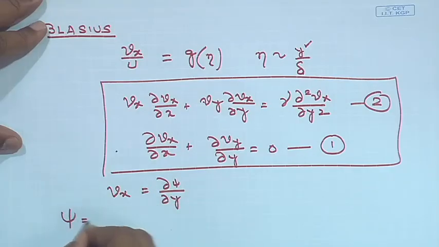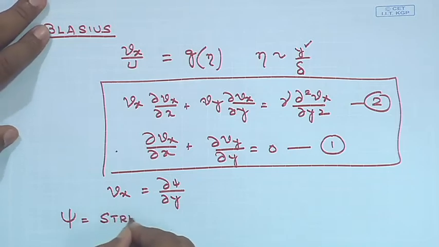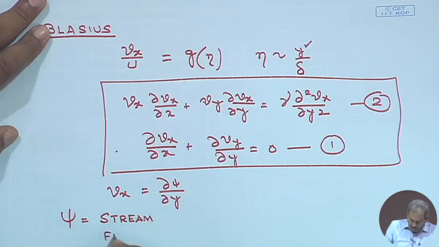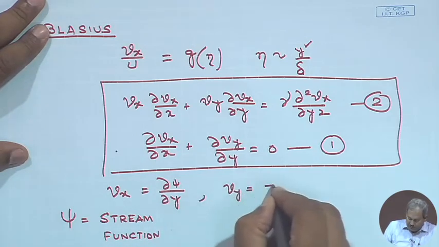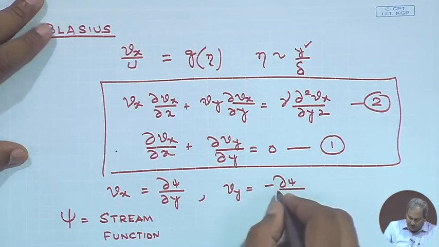Two stream functions can never cross each other, and the tangent to the streamline gives you the direction of the velocity at that specific point. But anyway, we know that velocities can be expressed in terms of stream function. So Vx by definition would be del psi by del y, where psi is the stream function, and Vy would be minus del psi by del x.